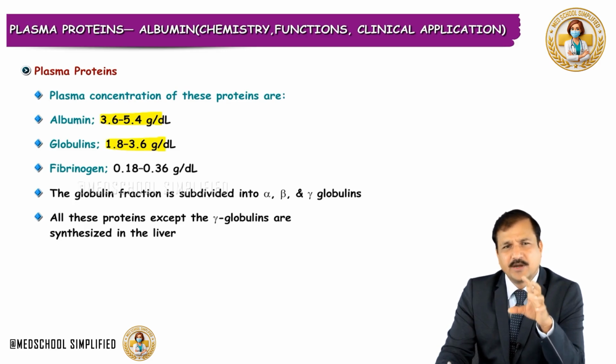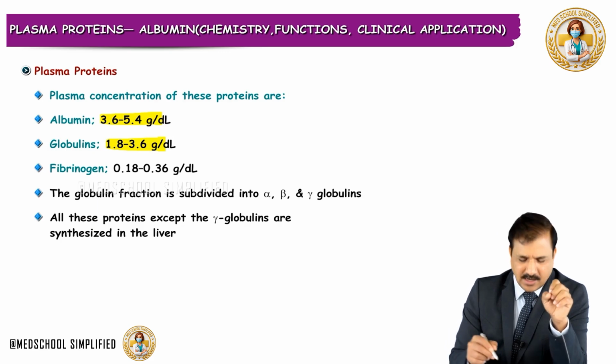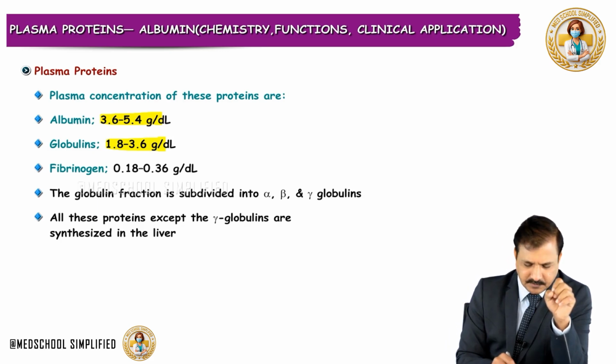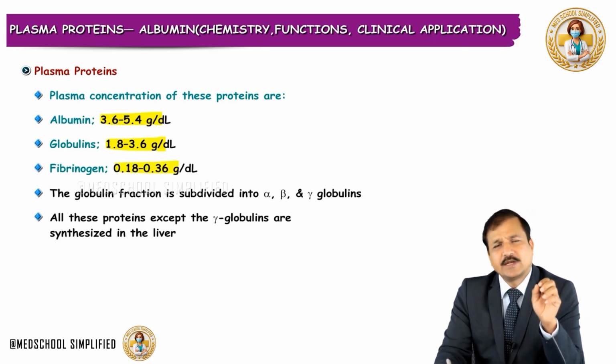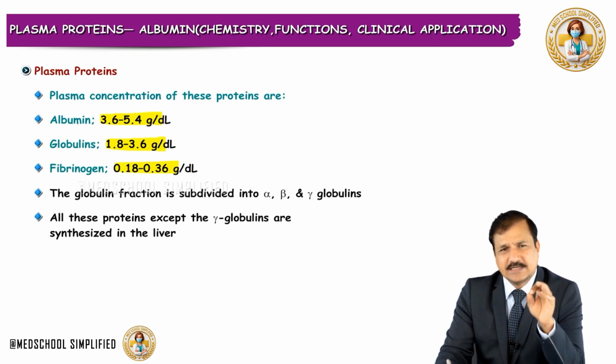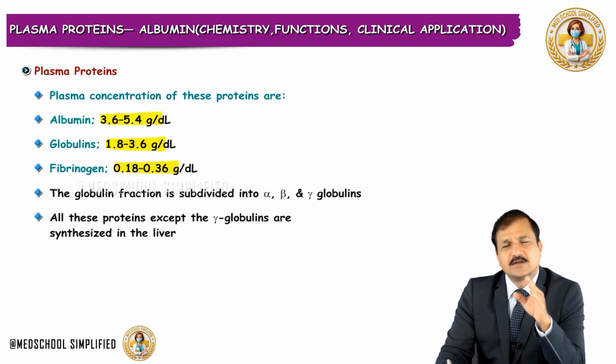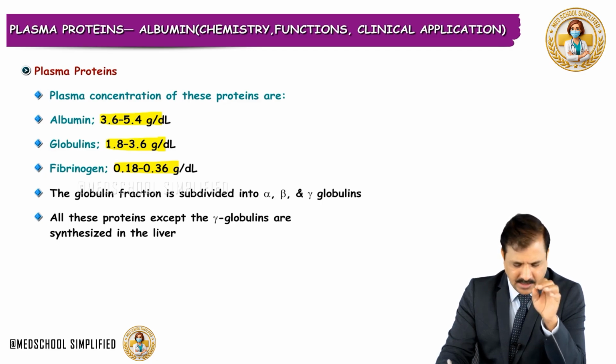So we can say 1.5 to 3.5. And fibrinogen goes from 0.18 to 0.36 grams per deciliter. You can say less than 0.5 grams per deciliter, just to remember roughly 0.2 to 0.4 grams per deciliter.